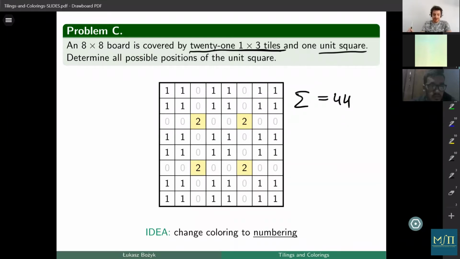And I wanted to show you this picture because that's the picture that sometimes appears like the ultimate solution of this problem in some books, and full stop, no more comments. In particular, no comments on how to obtain this numbering. Where does it come from? Yeah, it may come from different places.